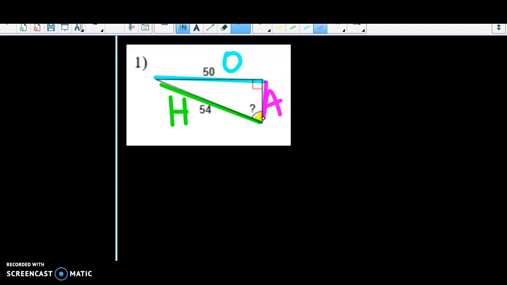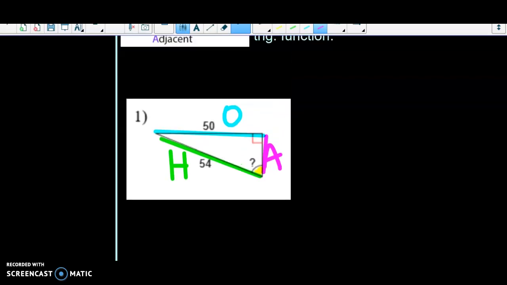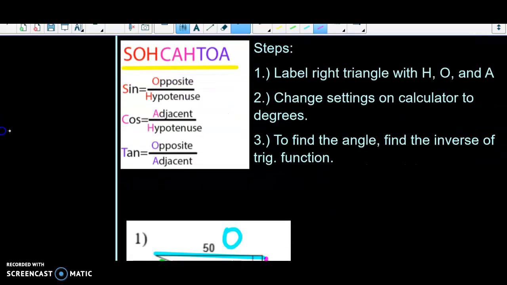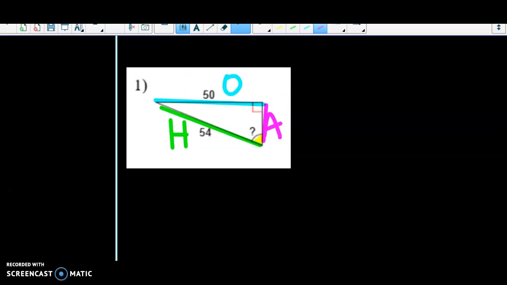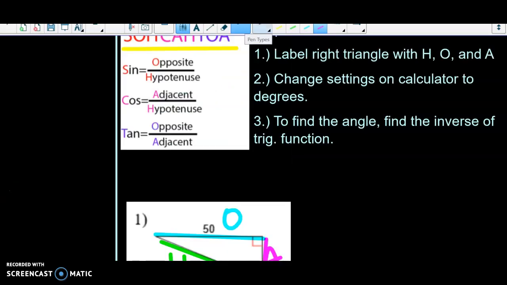Okay, so looking at the trig functions, I have my hypotenuse and my opposite. Which of the trig functions uses hypotenuse and opposite? Well, the only one that uses them is sine. So what trig function am I going to use? I'm going to use the trig function sine.